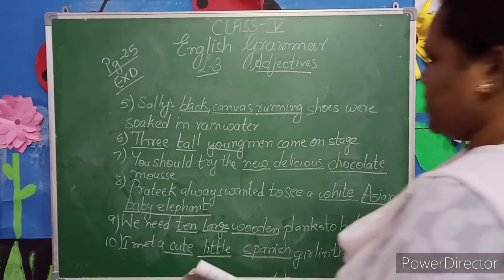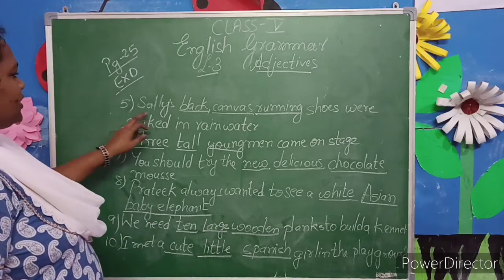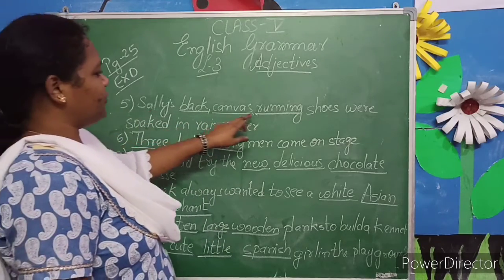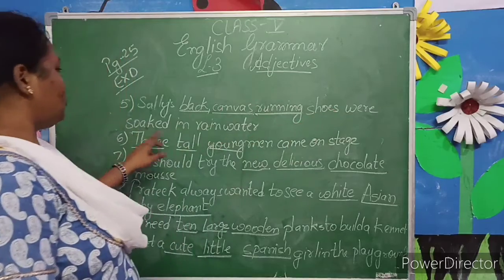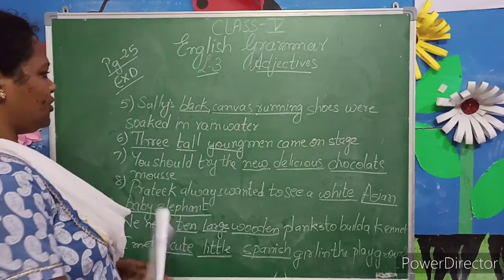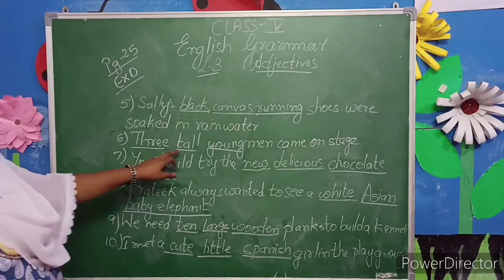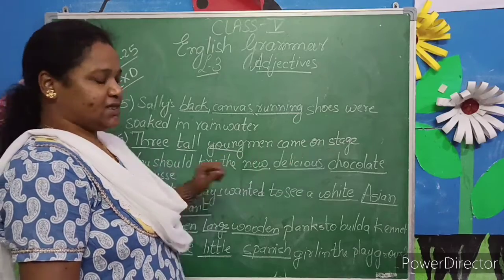See, children, I have written the remaining five sentences. Fifth one: Sally's black canvas running shoes were soaked in rainwater. Black canvas running. Sixth one: Three tall young men came on the stage.